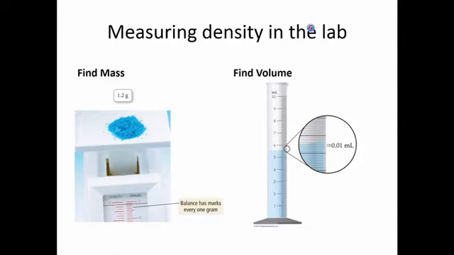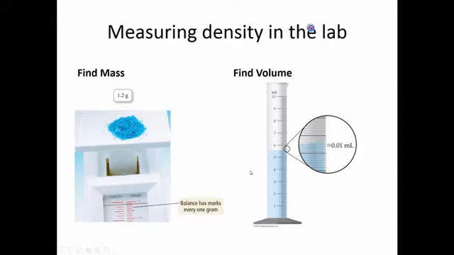Here we're showing how you'd be reading it just by using your eyes. The balance we have in the lab is a digital balance, so it has several significant figures there. You want to write down each one. You should have, I believe, 4 decimal places. So you write down all of those when you find the mass.